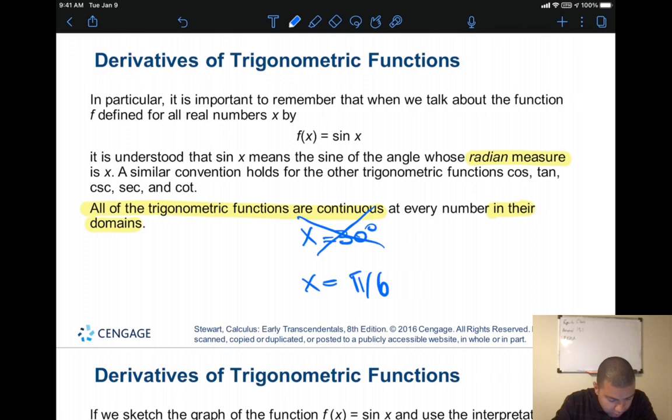But if you go, for example, cosecant, which is 1 over sine x, you have to be careful. This is continuous everywhere except possibly where it's undefined, which is where sine equals 0. So you've got to look at the unit circle, add pi over multiples of 2 pi, and so on.